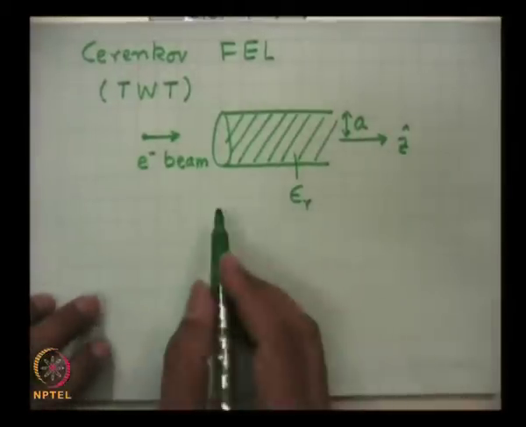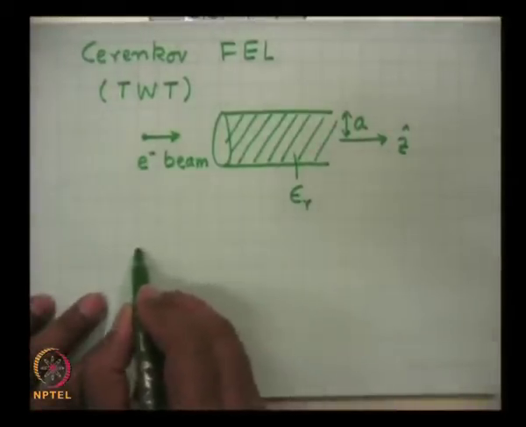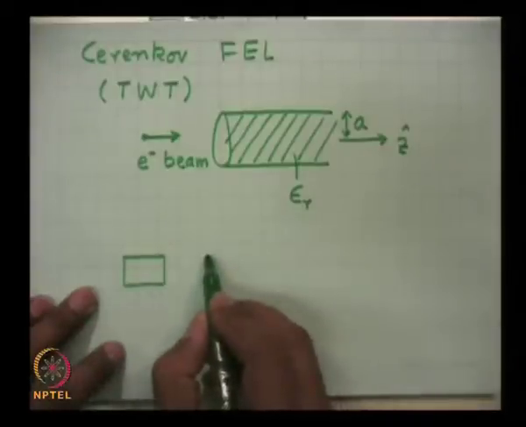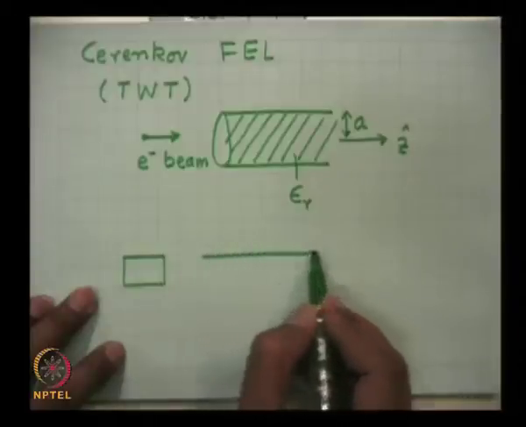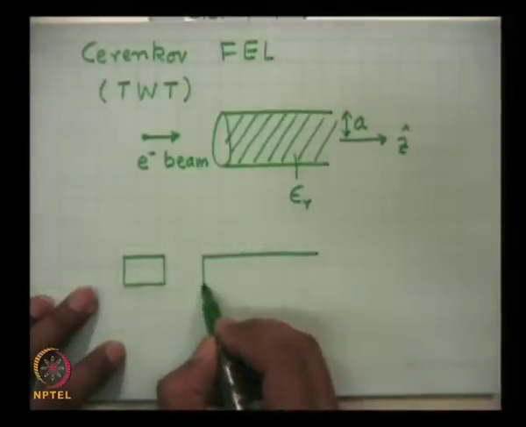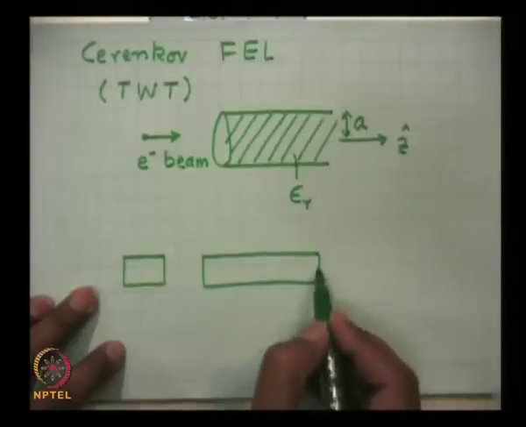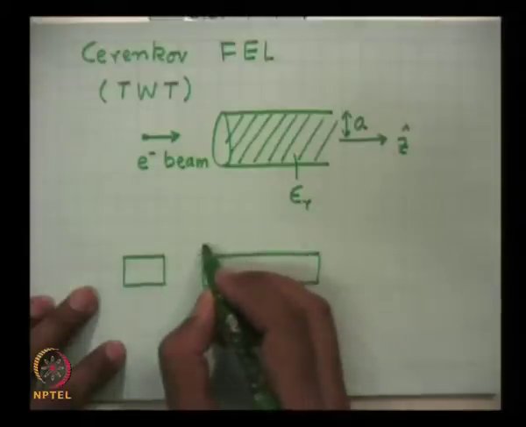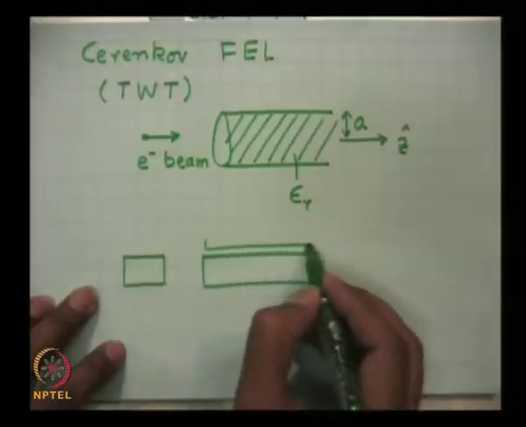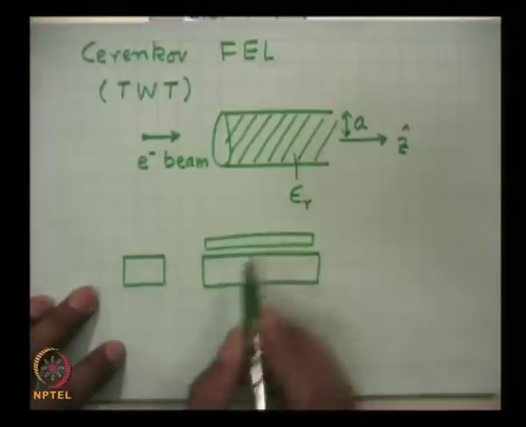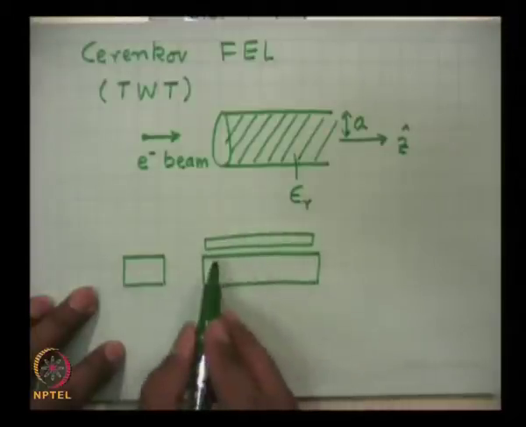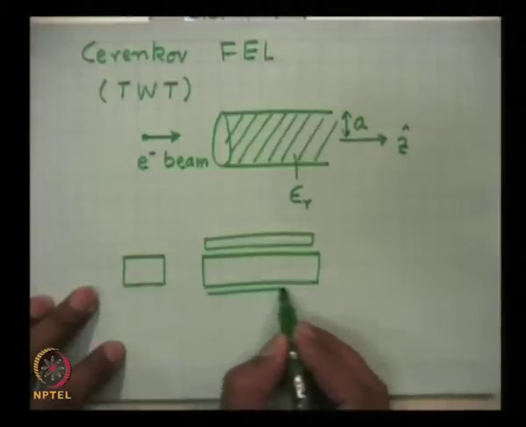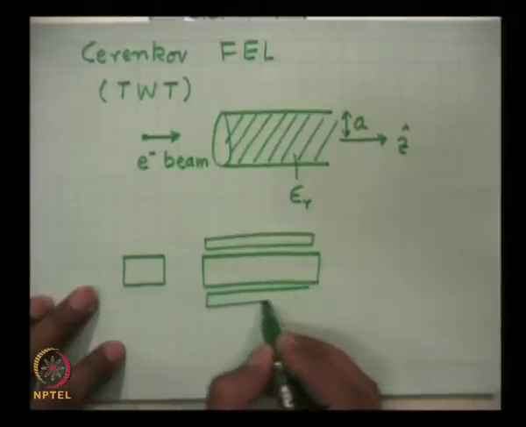A schematic of a Cerenkov FEL is like this. You have a gun that produces an electron beam, then you have an interaction chamber, this region, in which you have a dielectric lining or slow wave structure, and in order to guide the electron beam, you usually put a field coil here that has a winding wrapping around this chamber, and that produces an axial magnetic field.